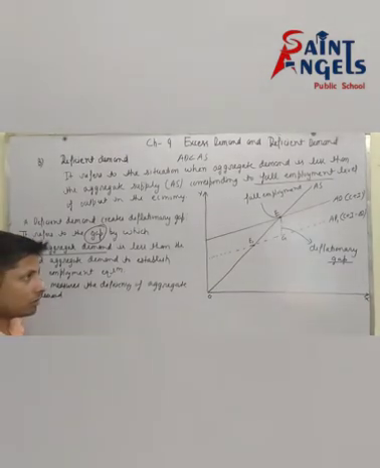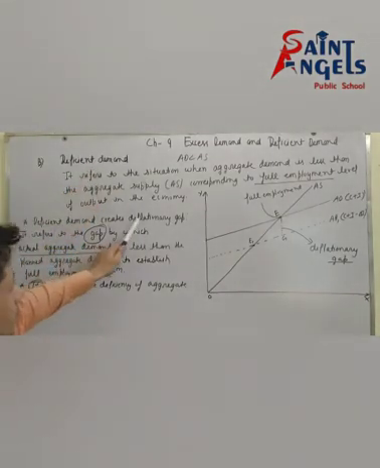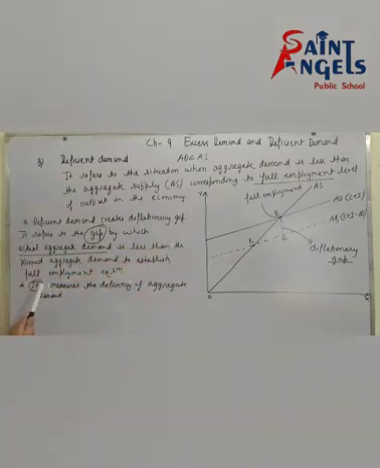Now, what are the features of deficient demand? First of all, deficient demand creates a deflationary gap, and deficient demand measures the deficiency of aggregate demand.